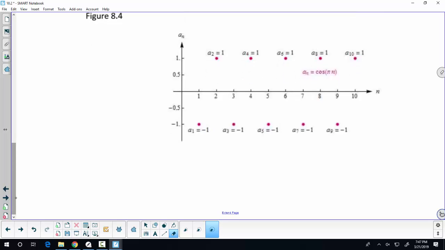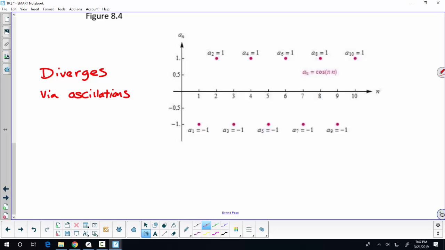What would we say here with 8-4? Diverges, right? It's bounded. Yeah, this oscillates: first term, second term, third term, fourth, fifth, sixth, etc. All right.